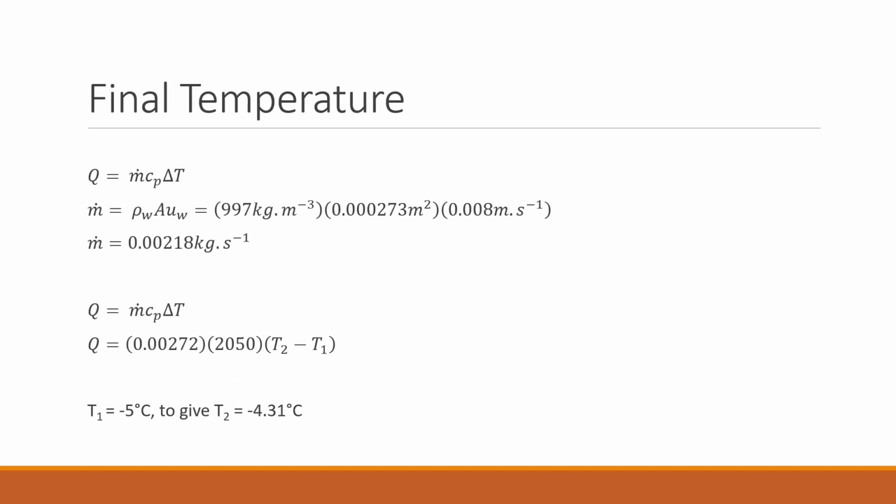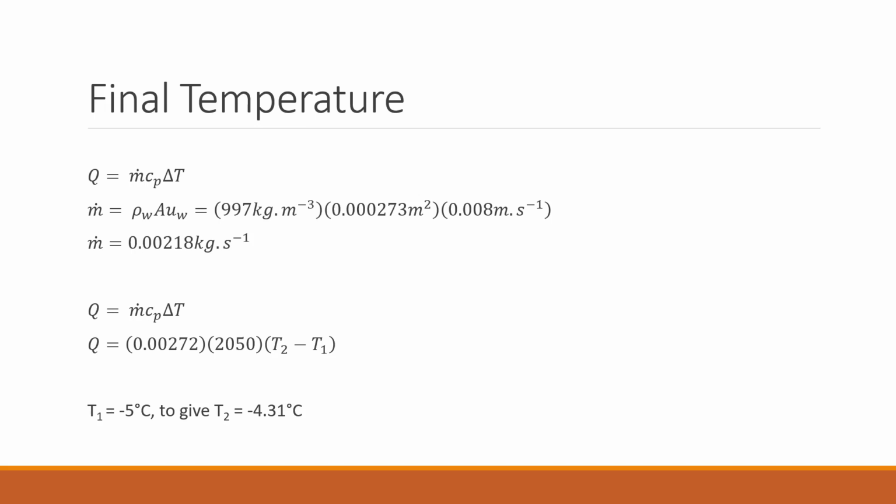Now, using the heat flux, we can find the final temperature of the water to ensure that it's not freezing. We need to use the mass transfer rate, which can be found by multiplying the density by the area by the velocity of the water. A velocity of 0.008 meters per second was used for this. That was just an assumption.